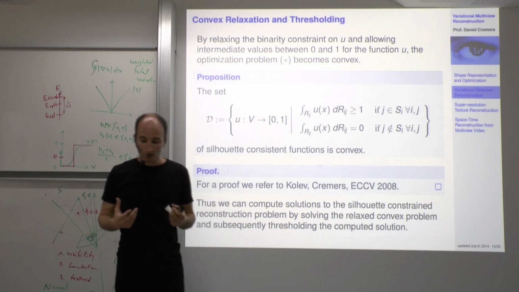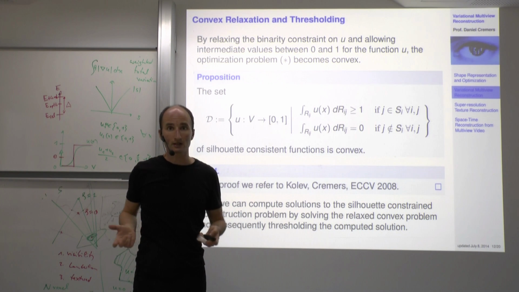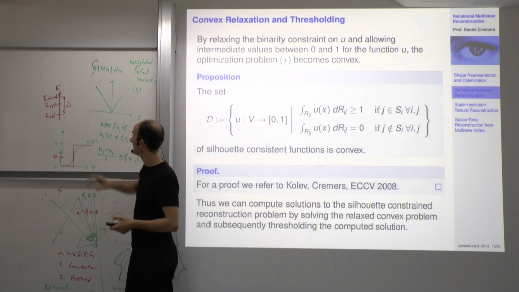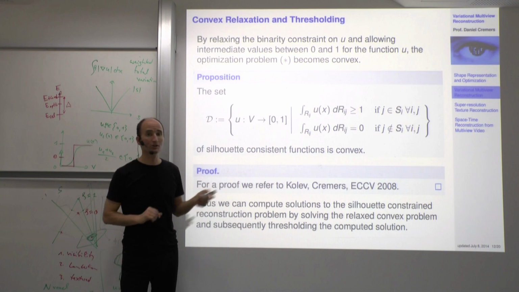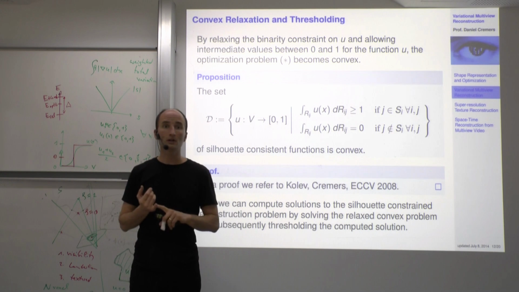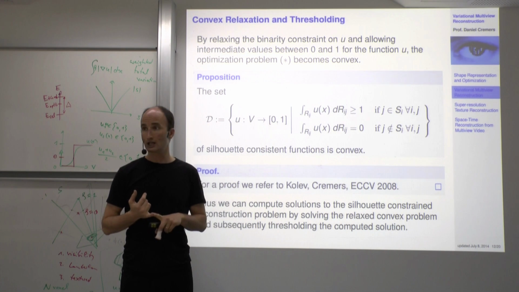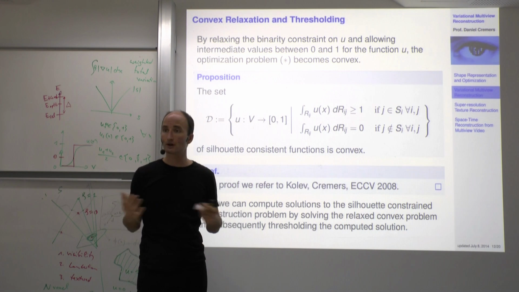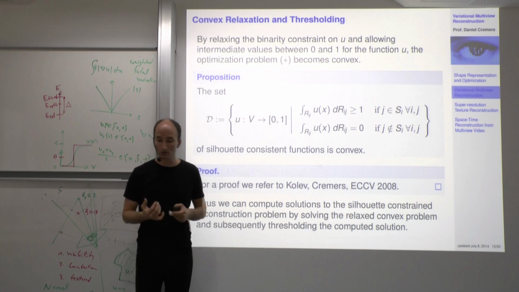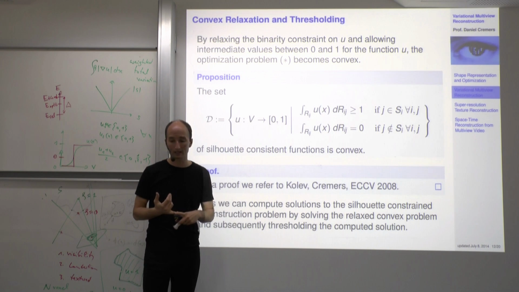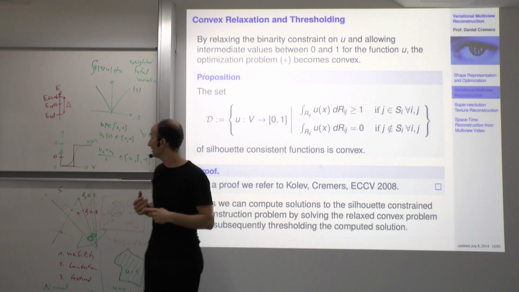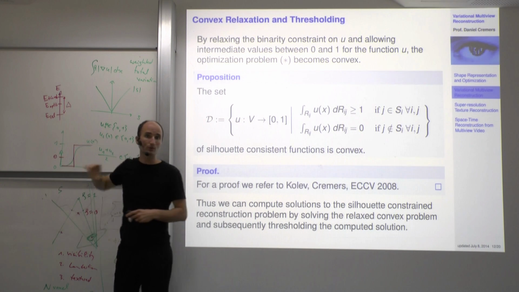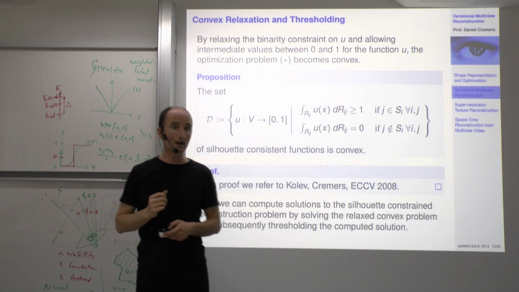And in contrast to local optimization methods, which is what was done before in the continuous setting, the advantages of this convex formulation are twofold. First of all, we don't need an initialization, because we have a convex problem, and so no matter how we initialize, we get solutions that are independent of initialization. And secondly, once we have a solution, we can compute an optimality bound.